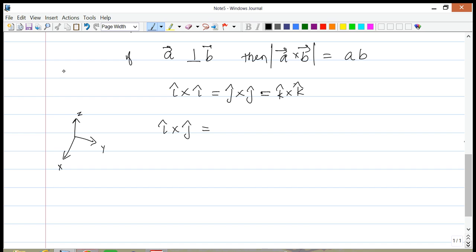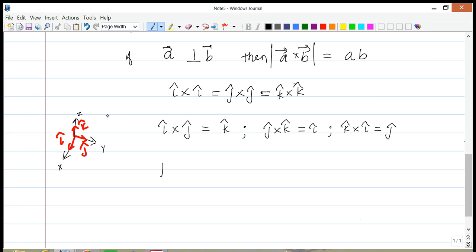Let's look at the vector I. Say I is here, J is here, and then K is here. When you rotate I into J, you end up getting the vector K. On the other hand, when you rotate J into K, once again in the right-handed system, J cross K ends up giving you I, and then K cross I ends up giving you J. So these are your three things.